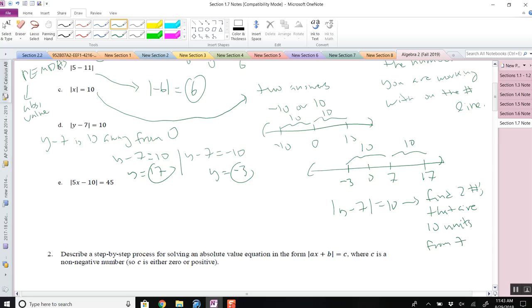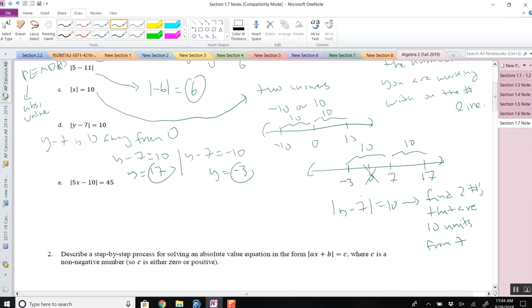So that's why you're getting two answers. Because clearly 17 is 10 units from 7, and negative 3 is also 10 units from 7. So we don't focus on 0 in this case because we introduced the minus 7, which caused a shift in the equation. So we'll talk about shifts and all that stuff when we get to chapter 2 and how that looks graphically.